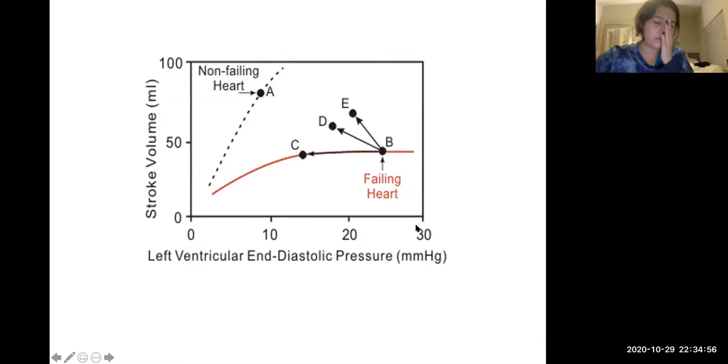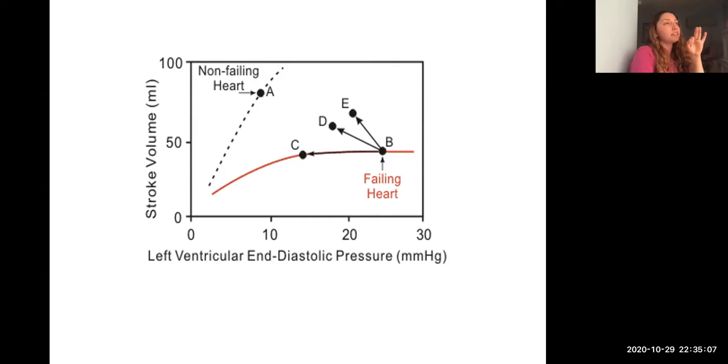Olivia, can you explain end systolic volume? Because I have stroke volume and end diastolic volume, but I don't have systolic. End systolic volume is once the semilunar valves close after ejection of the blood into the systemic circuit, the blood that is left over in the ventricles after ejecting is the end systolic volume.